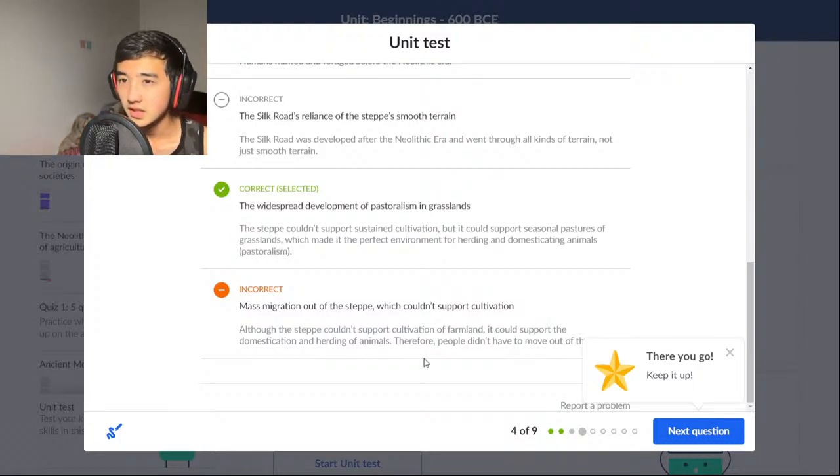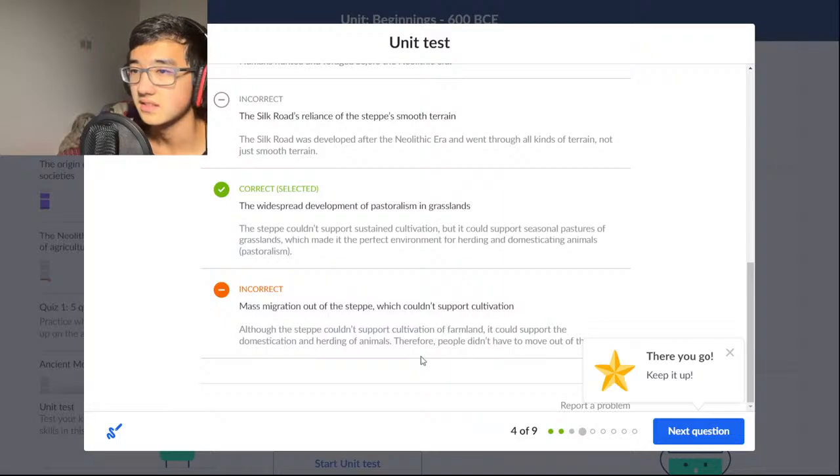Alright, let's read. The steppe can support sustained cultivation. Okay, that was what is said in the last question or answer. But could support seasonal pastures of grasslands. Okay, pastoralism. Oh, I forgot what that meant.